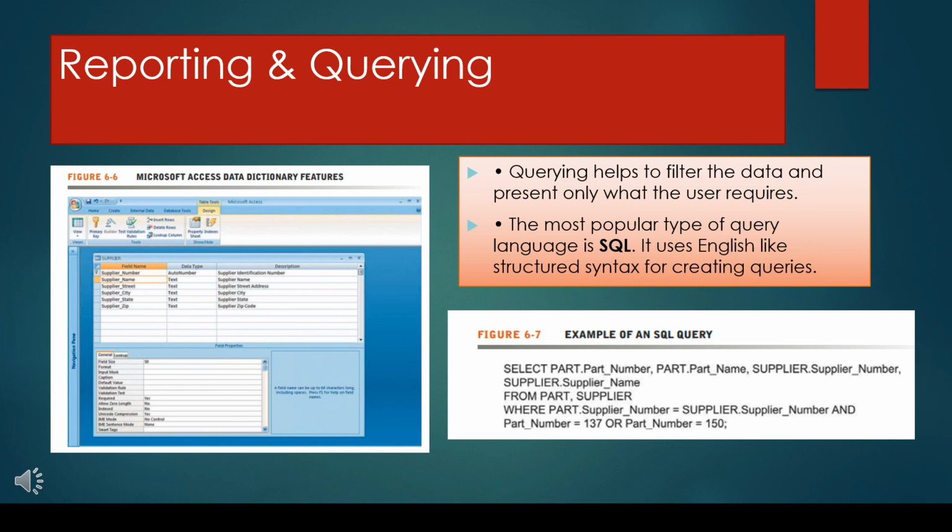As you can see here, Microsoft Access has a rudimentary data dictionary capability that displays information about the size, format, and the characteristics of each field in the database. Displayed here is the information maintained in the supplier table. The small key icon to the left of the supplier number indicates that it is a key field.